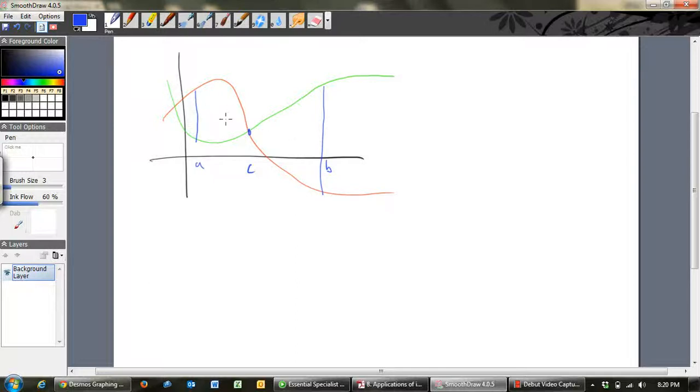Then what you need to do is break it up into two pieces. Why do you have to break it up into two pieces? Well, because here the red line is on top and here the green line is on top.